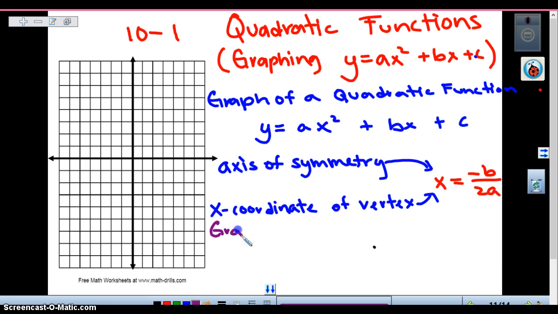If we have to graph y equals negative 3x squared plus 6x plus 5, first of all, will our parabola be an upward opening parabola or downward opening parabola?